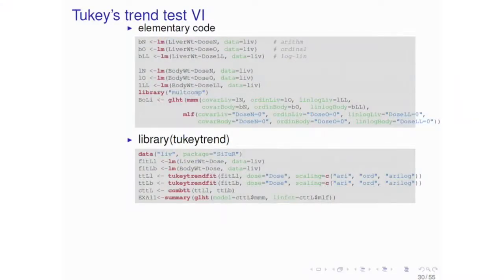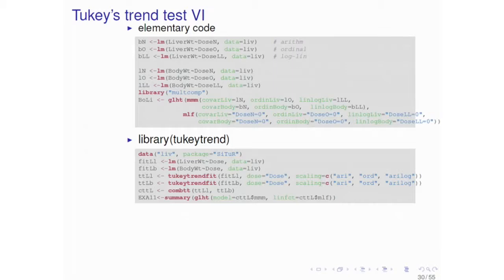So now I hope you have the chance to see my code. This is the first elementary model. You see, I have the dose arithmetic and the liver weight, dose ordinal and the liver weight, dose logarithmic and the liver weight, 3 linear models. And the same for body weight. So I have 6 elementary models.